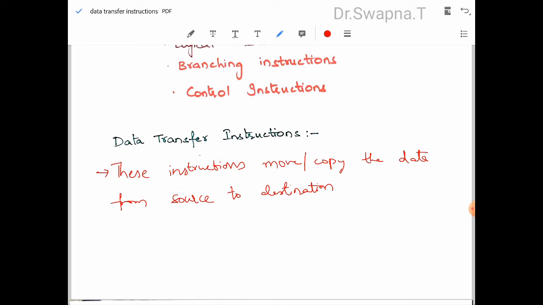This may be between the registers or between memory and registers. So the data transfer group moves or copies the data from the source to the destination, between the registers, and between the memory and registers also.